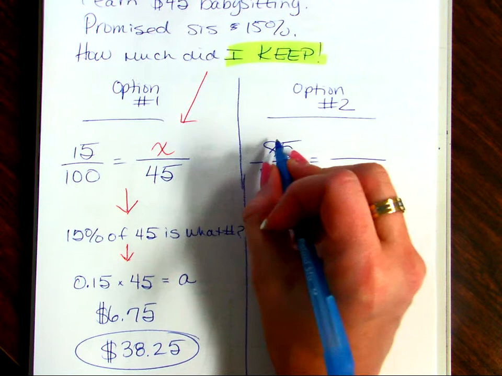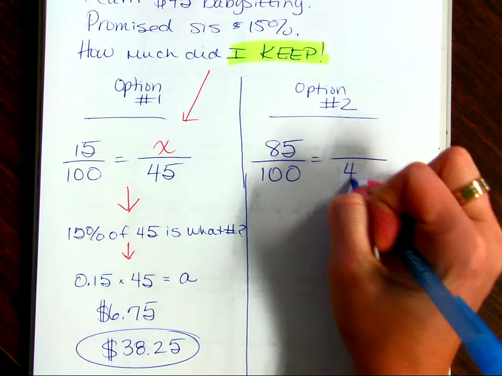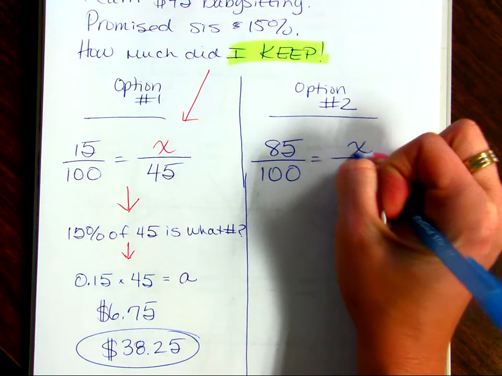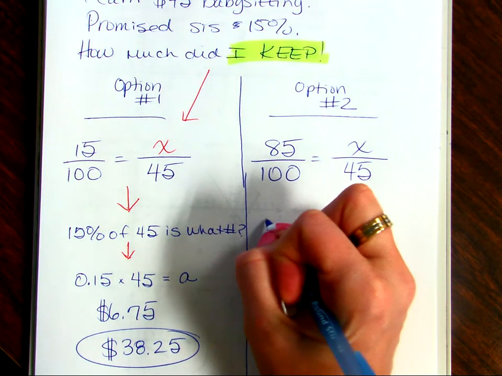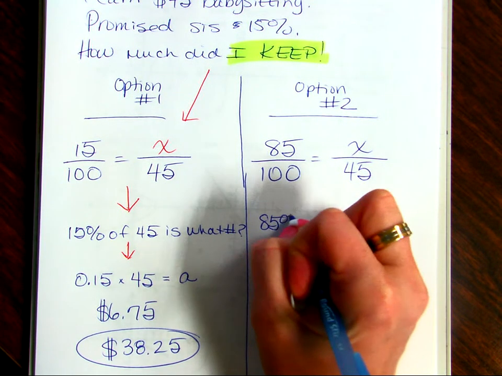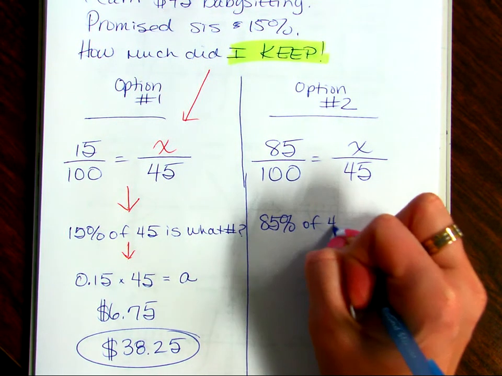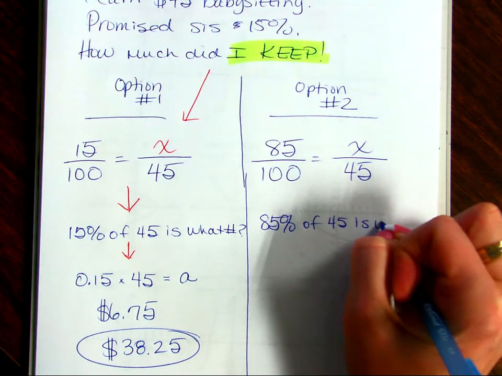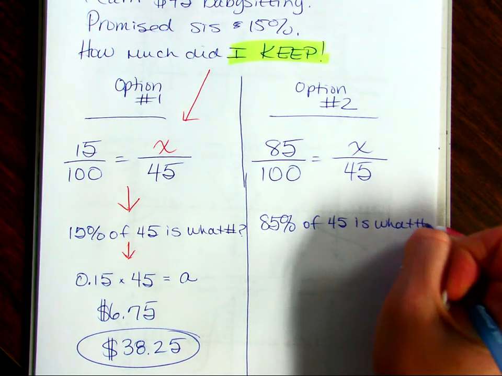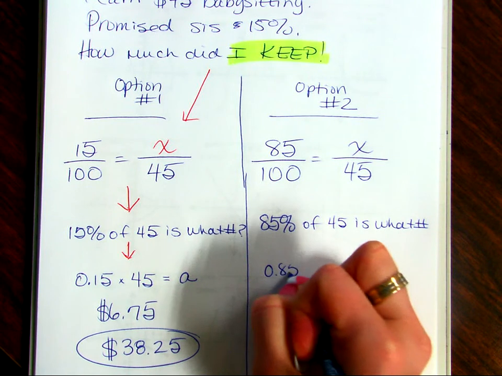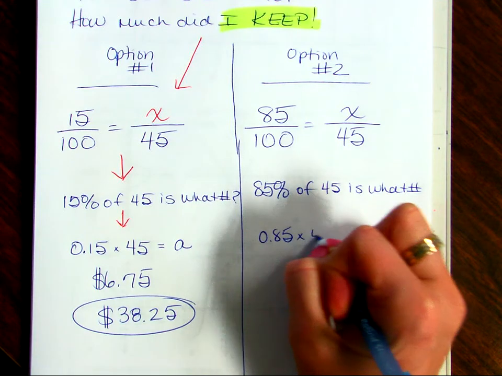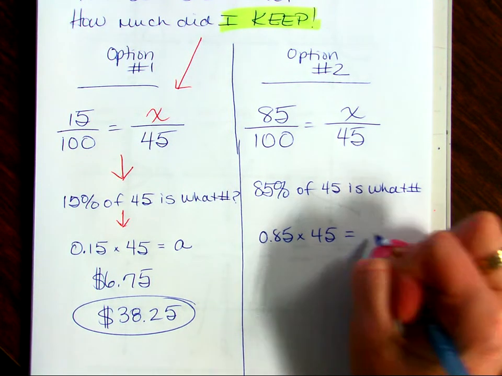85% of 45 is what number? Okay? So watch this. 85% of my total, which is 45, is what number? Which is 0.85 of 45 is what number?